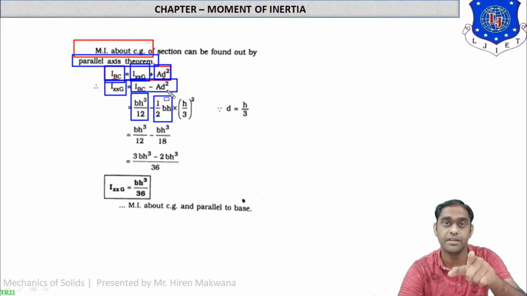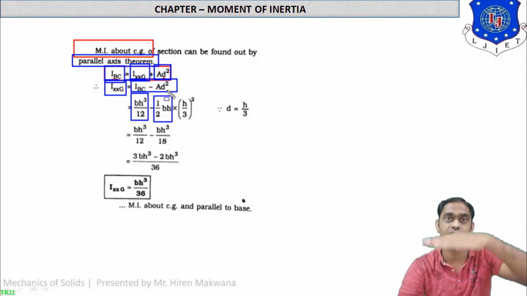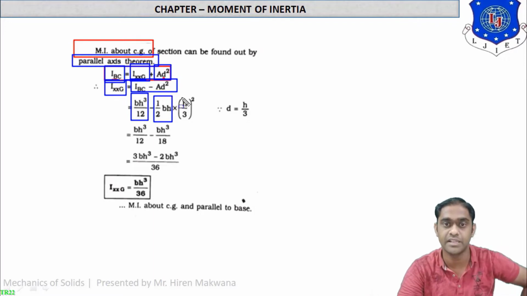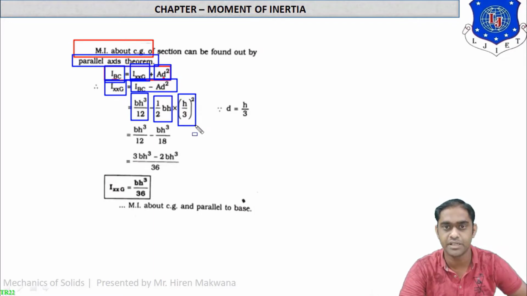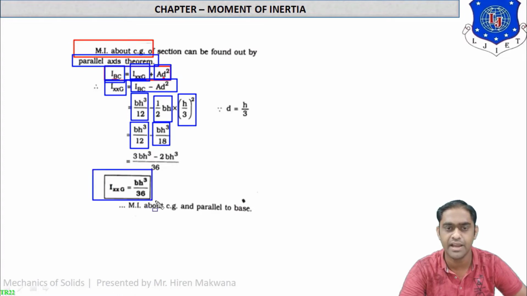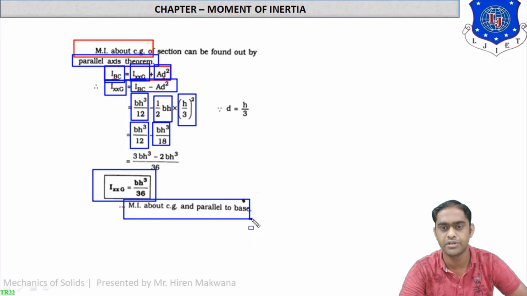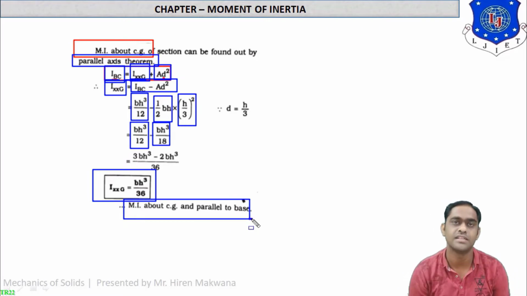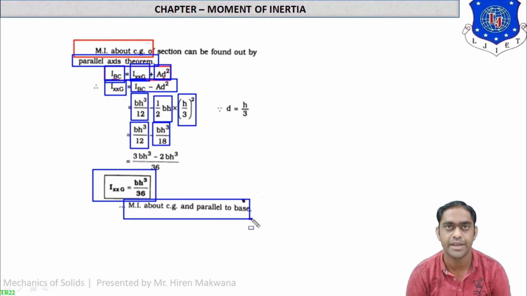So the distance from the base to the centroidal axis is h by 3. So here it is h by 3 whole square. By simplifying this equation, you will get bh cube by 12 minus bh cube by 18. By doing the LCM calculation, you will get IXXG equal to bh cube by 36, which gives the moment of inertia about the CG, which is parallel to the base.